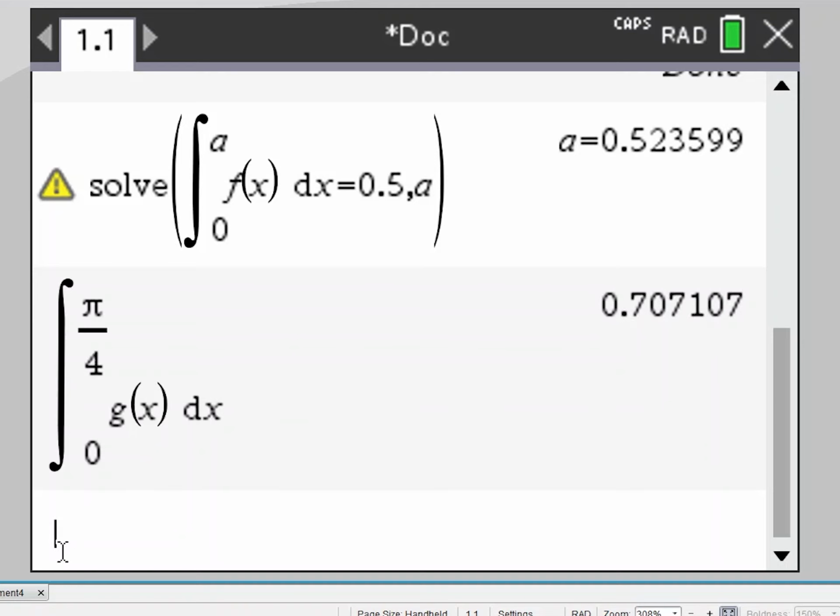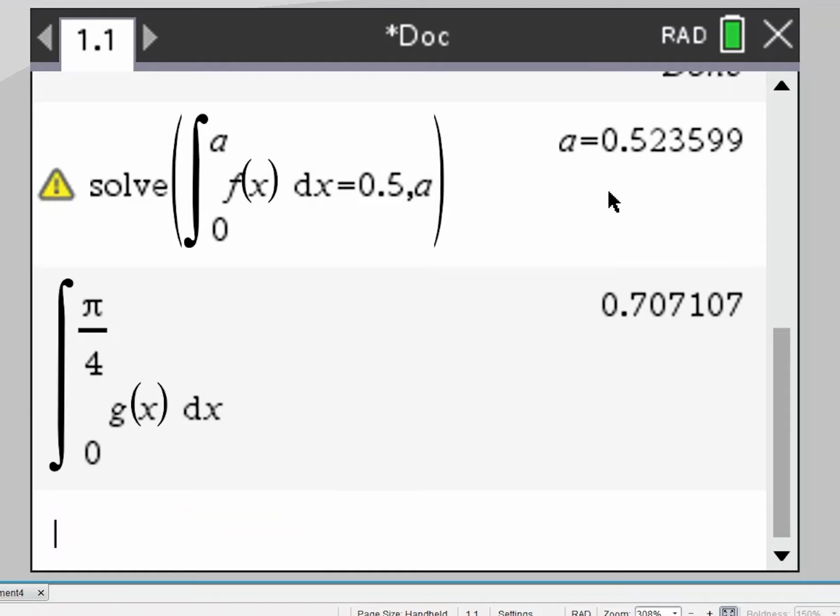So we know that our a is going to be between 0 and pi on 4, because we want the probability to equal 0.5, and the probability just under the cosine function gives us 0.707. So we can easily know that our a value is going to be between 0 and pi on 4.